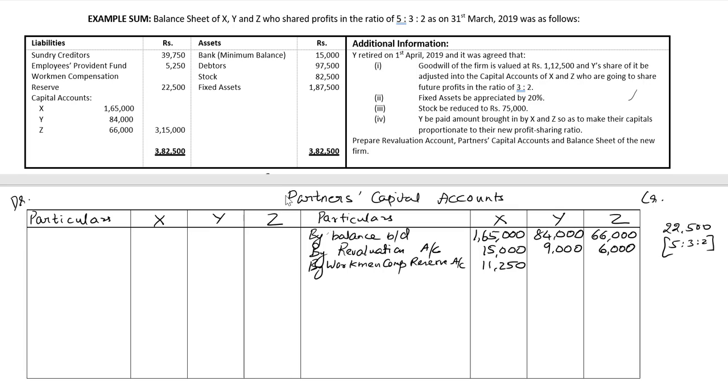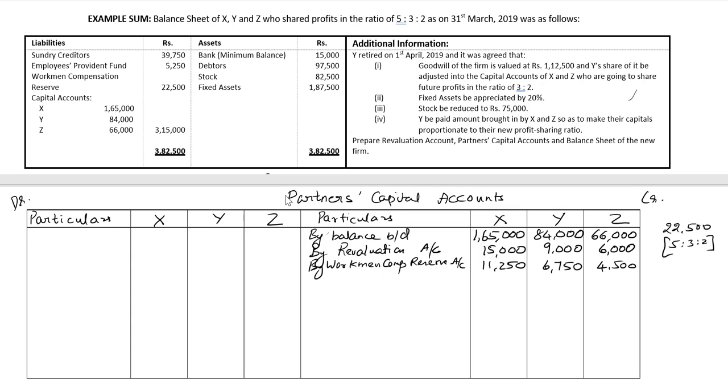In the case of Y, 6,750 rupees. And in the case of Z, it's 4,500 rupees. There are no accumulated profits, no accumulated losses or fictitious assets. We'll deal with goodwill. There is no existing goodwill.